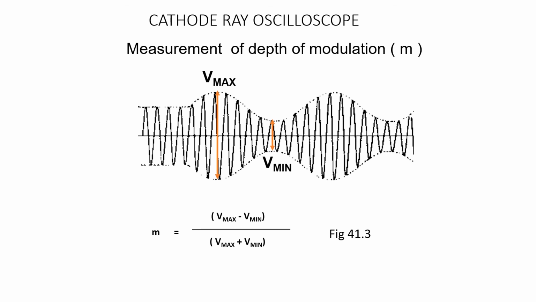You can also measure the phase difference using Lissajous patterns. And the last one, you can measure the depth of modulation of a waveform by calculating Vmax and Vmin. So Vmax minus Vmin by Vmax plus Vmin gives you the depth of modulation.